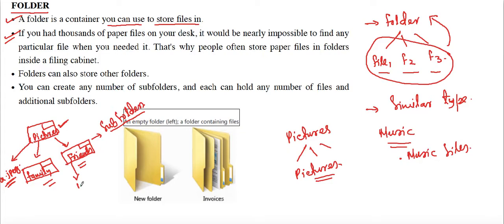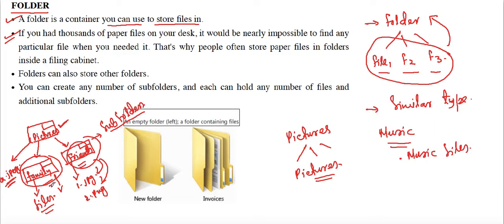For example, I have 1.jpg inside one, and 2.png inside another. The friends folder can contain files, and the family folder can also contain files and even other folders inside it. So this hierarchy goes on like a tree. A folder contains subfolders, subfolders contain files or other subfolders, and so on.